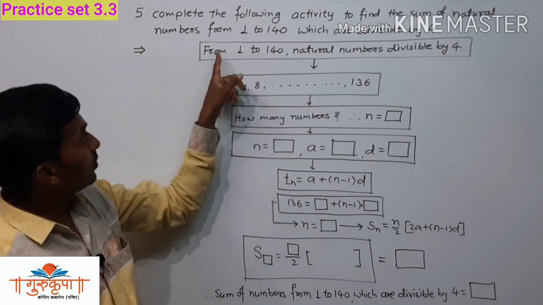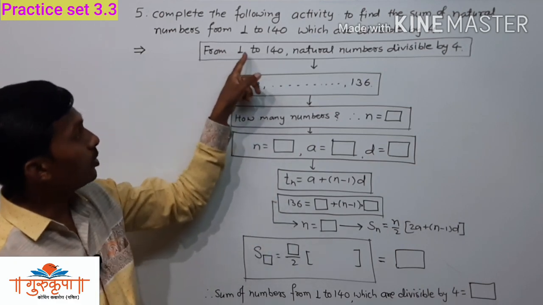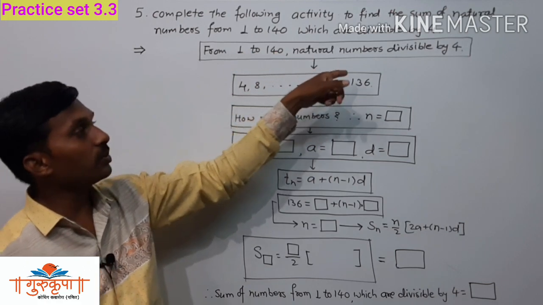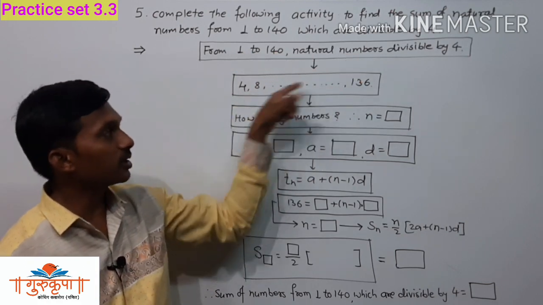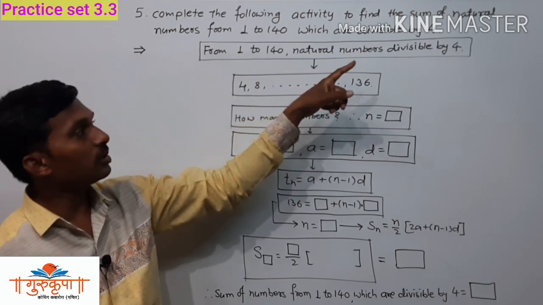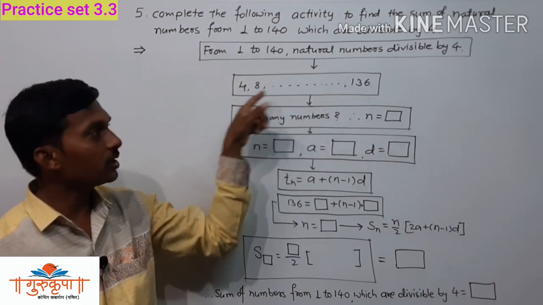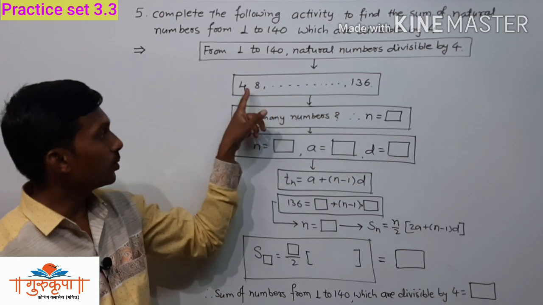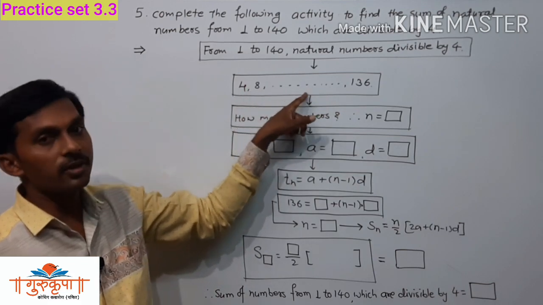Here, from 1 to 140, the natural numbers divisible by 4 are written: 4, 8, 12, 16, 20, 24.